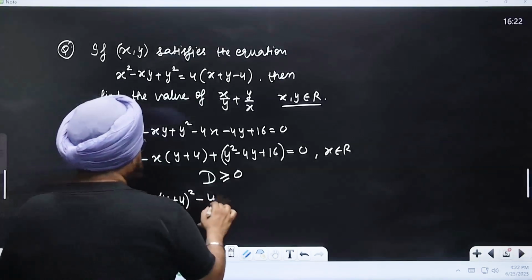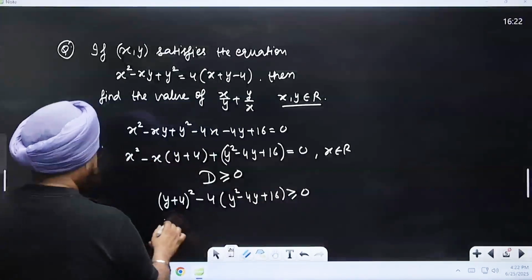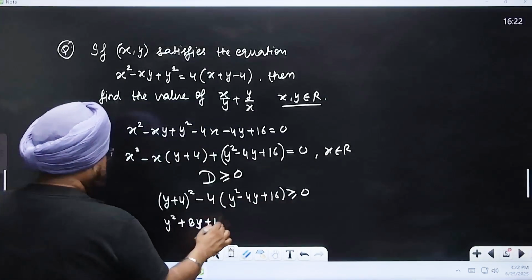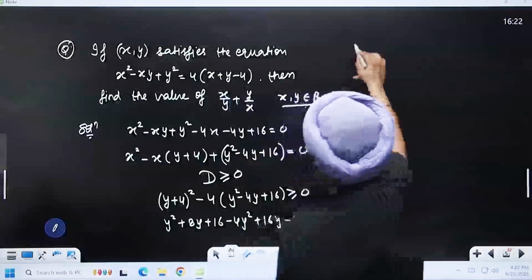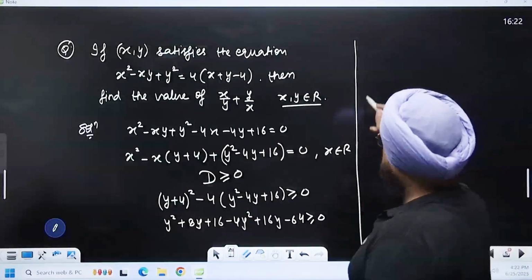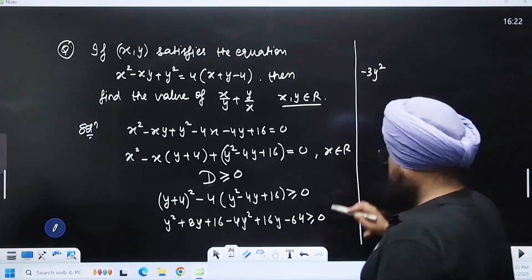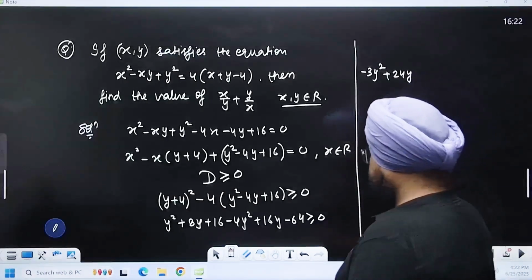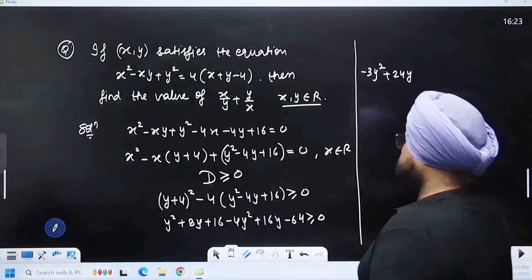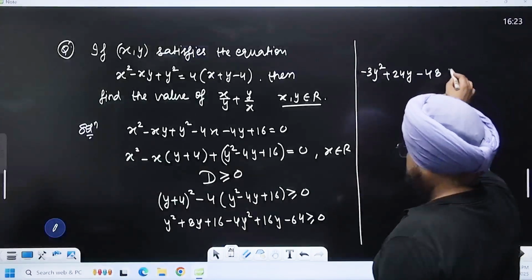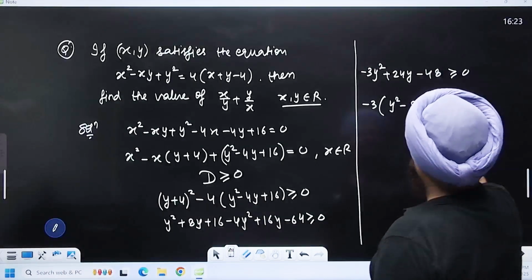Now discriminant is b square minus 4ac. So this expression becomes minus 3y square plus 24y minus 48, that is, minus 3y square minus 8y plus 16.